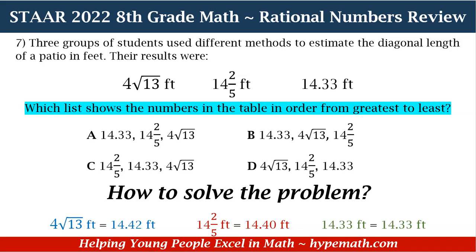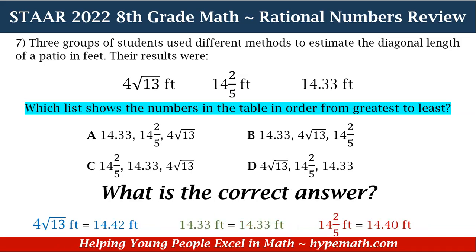And then our second number will be the 14.40, and our last number, which is our smallest number, 14.33. Okay, so now that we have our numbers ordered from greatest to least, what is our correct answer?